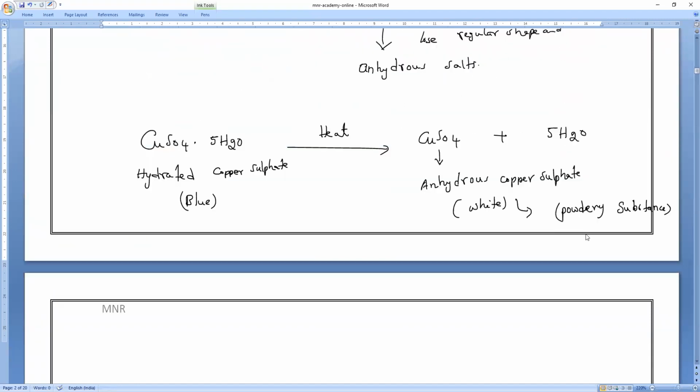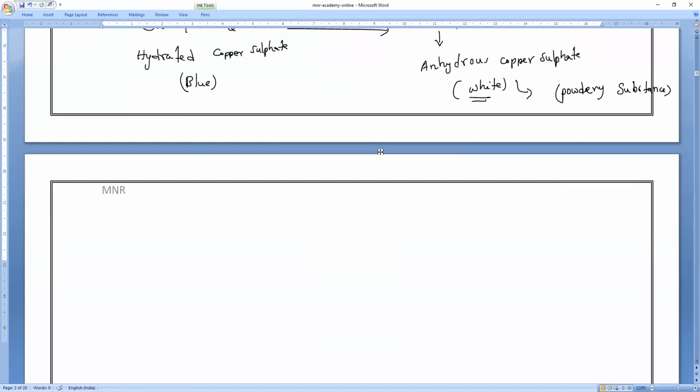On strong heating, the blue color copper sulfate crystals turn into what? White. Why do they turn into white? Because of loss of water of crystallization. And this process is a reversible process.